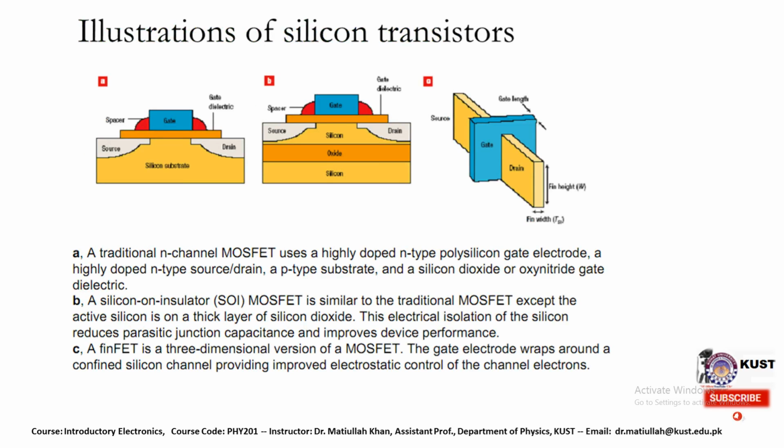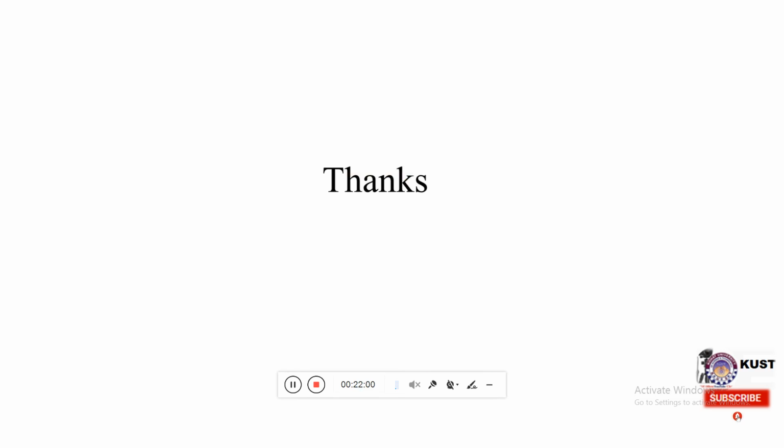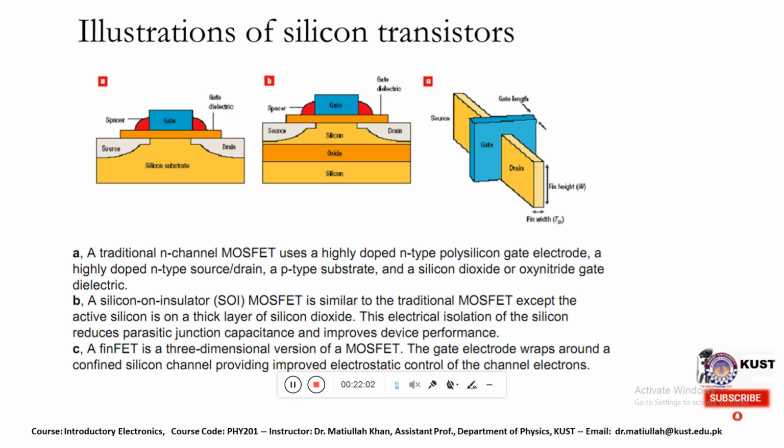This is a simple illustration of the silicon transistor, and the silicon on insulator MOSFET is similar to the traditional MOSFET, a bit more advanced in the technology in the field of MOSFET. So this is something about the metal oxide field effect transistor.